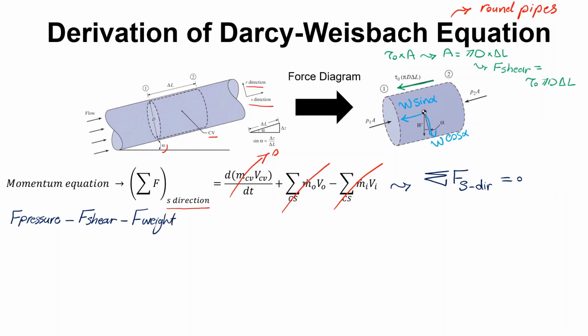Why negative sign? Because W sine of alpha has the opposite direction of positive S direction, and this should be equal to 0. Just to remind you, this is our positive S direction.